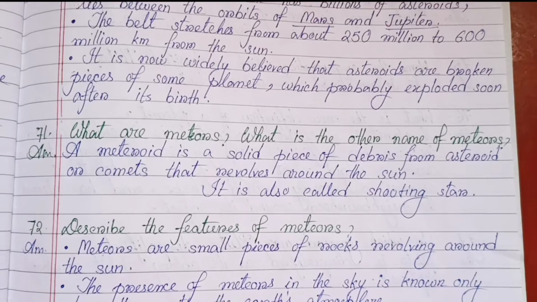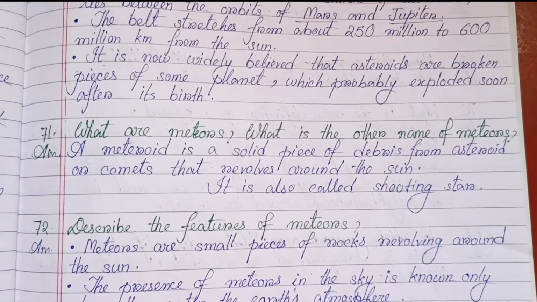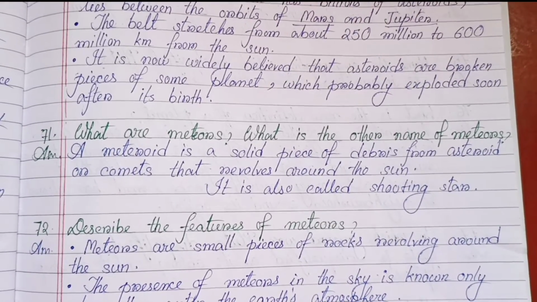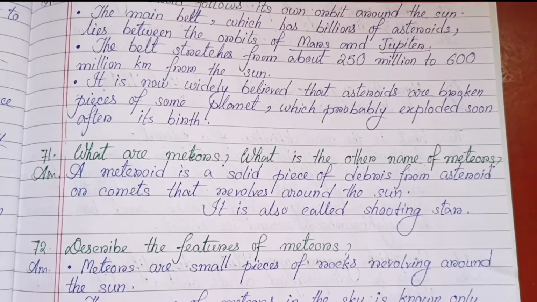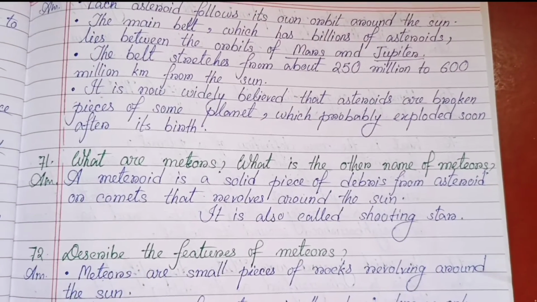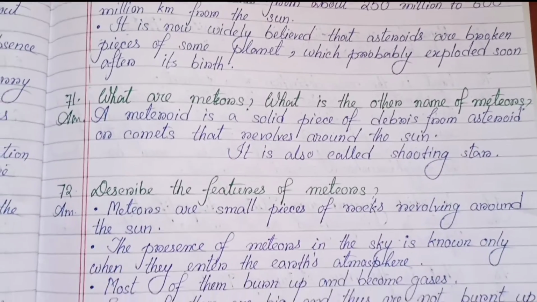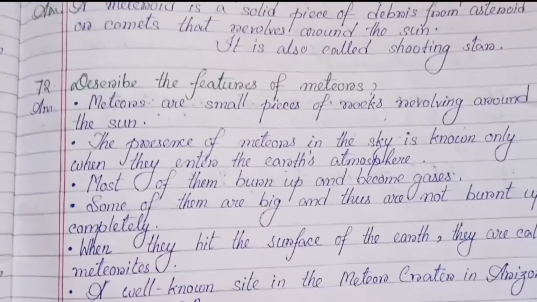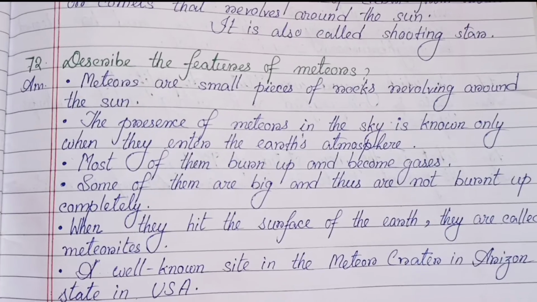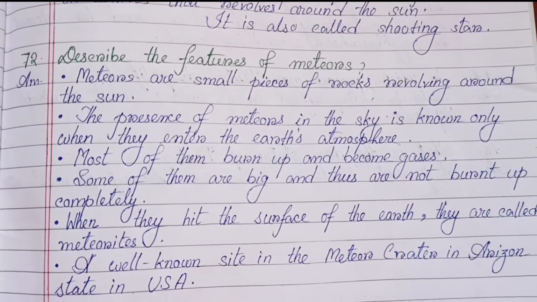What are meteors? What is the other name of meteors? A meteoroid is a solid piece of debris from asteroids or comets that revolves around the sun. It is also called a shooting star. Describe the features of meteors. Meteors are small pieces of rocks revolving around the sun.